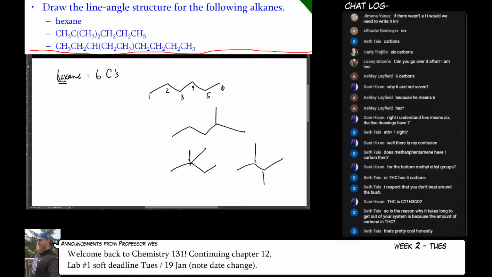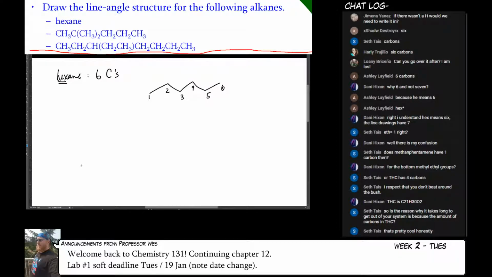Later on, we're going to talk about how you differentiate between something that is linear and something that is branched. We're going to give a name to it. I have to select all or else it won't let me draw in there. All right, CH3C(CH3)2CH2CH2CH3.